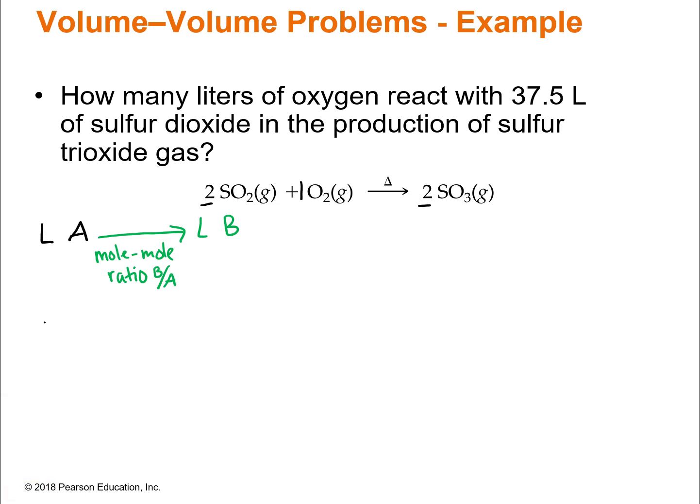So in this case, we're starting with liters of sulfur dioxide gas. And make sure you get your names right from chapter 6, because we've got sulfur dioxide, sulfur trioxide. You need to get that naming down. We're trying to figure out liters of oxygen gas. For our mole-mole ratio, that means oxygen gas over sulfur dioxide.